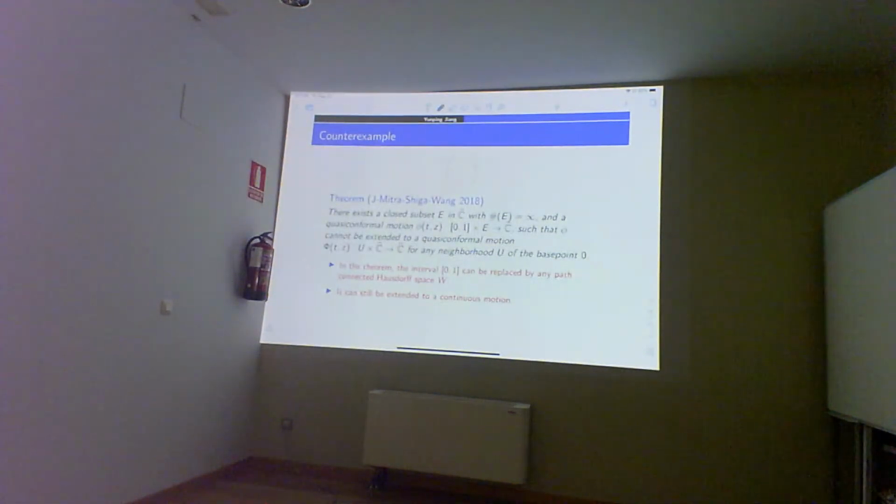But in this theorem, you can replace {0, 1} by any path-connected Hausdorff space, and you can still extend to a continuous motion. That means you drop the cross-ratio condition, but it can still be extended. So you can still extend the continuous motion, but you cannot extend the quasi-conformal motion. That is the counterexample.